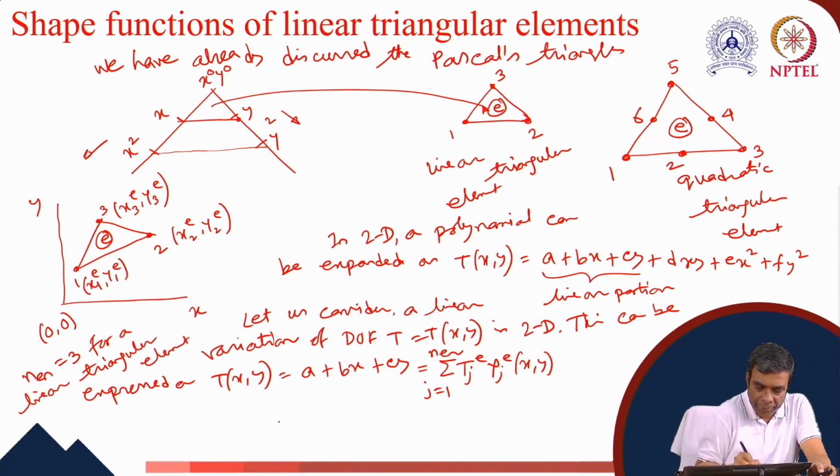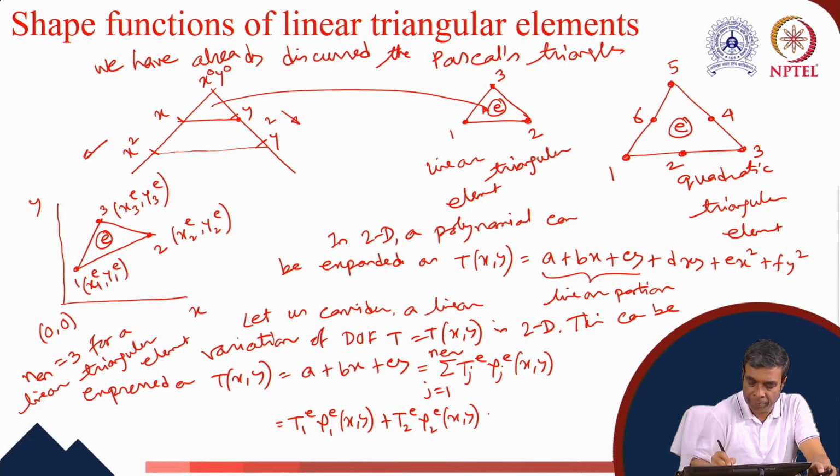So we can write it as T1e psi 1e(x,y) plus T2e psi 2e(x,y) plus T3e psi 3e(x,y).